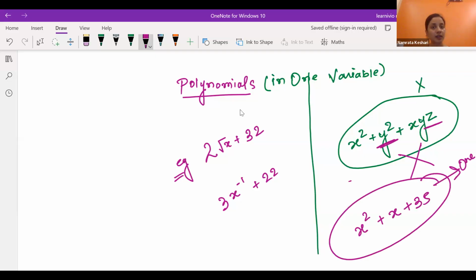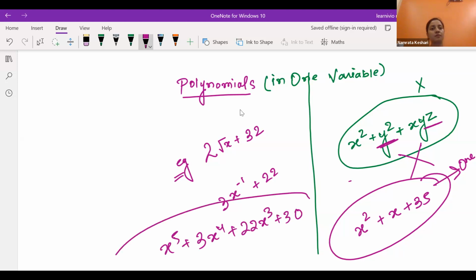Yes, only x. That is allowed. Only one type of alphabet has to be there, even though it appears two times, three times, five times, as many times as possible. This is completely allowed.